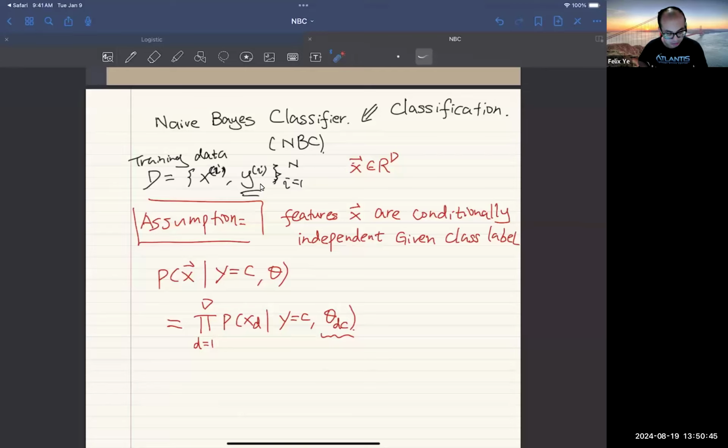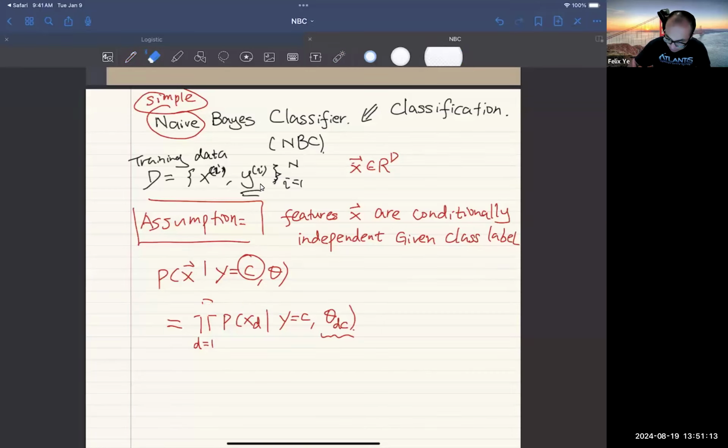The second thing is this model is very simple. So we have naive, and we also have simple here. Because the model is very simple, we only have to work with C classes and D features.